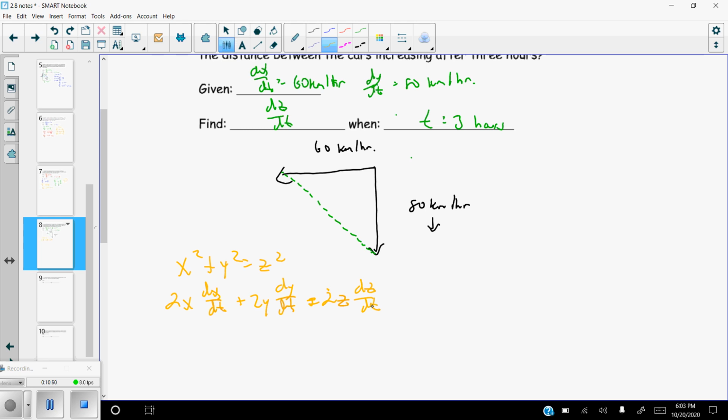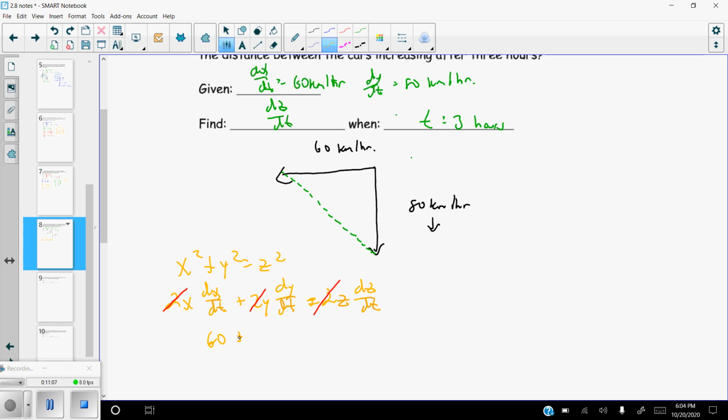And just like before, the nice thing is that we can divide the 2 out, so we don't have to worry about the 2. You can leave it in if you want. It's just going to make your numbers much bigger to deal with. So let's see what we have. Well, we've got dx dt. We can fill that in. That's 60.